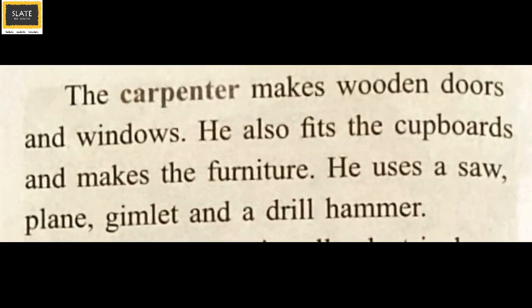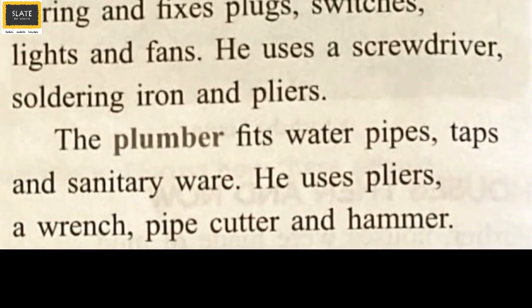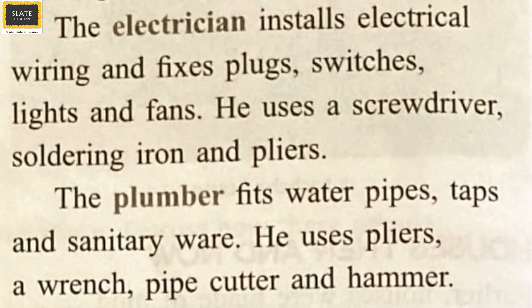The carpenter makes wooden doors and windows. He also fits the cupboards and makes the furniture. He uses a saw, plane, gimlet and a drill hammer. The electrician installs electrical wiring and fixes plugs, switches, lights and fans. He uses a screwdriver, soldering iron and pliers.